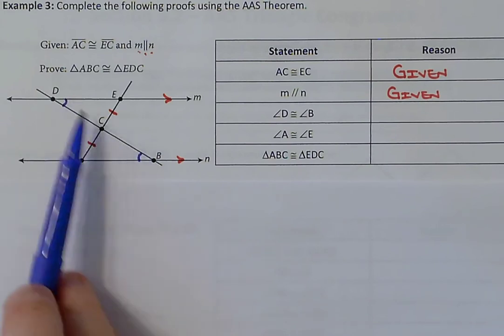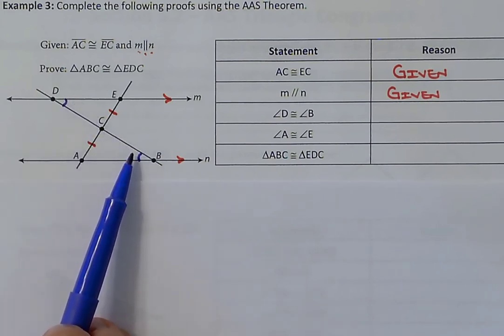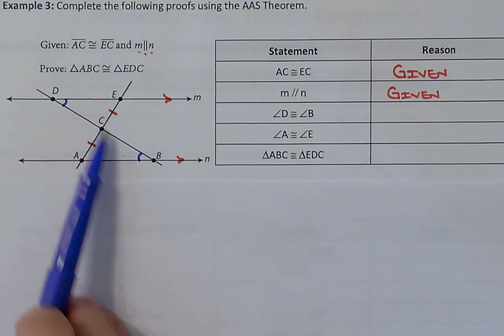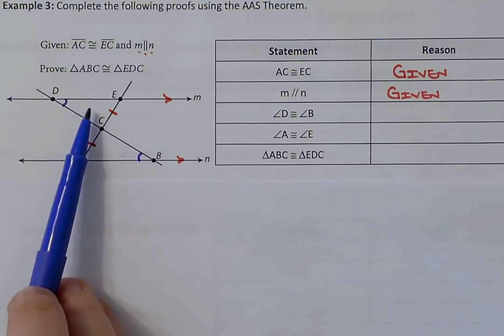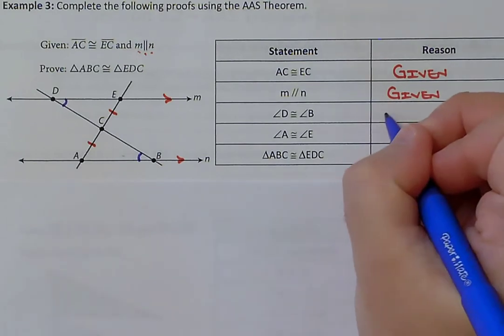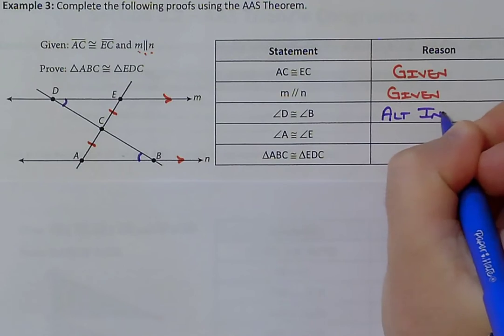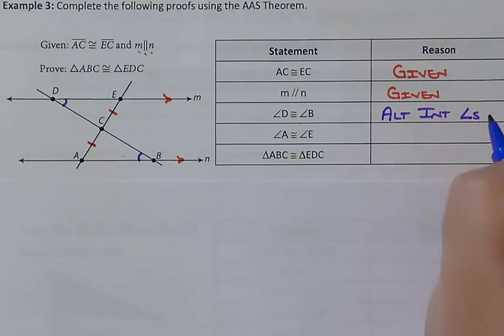These two angles are inside the parallel lines, and they're on alternate or opposite sides of the transversal. So based off alternate interior angles, those two angles are congruent to each other.